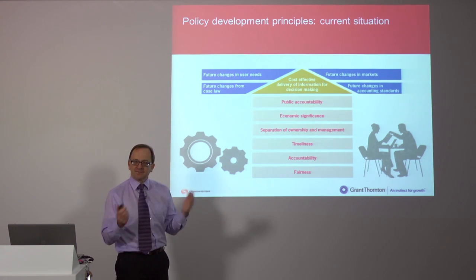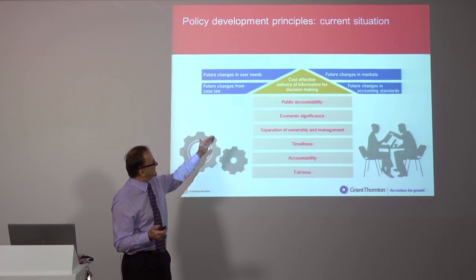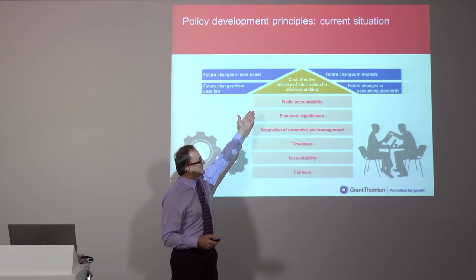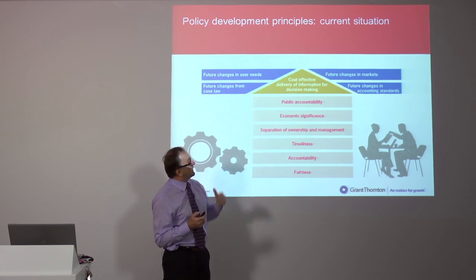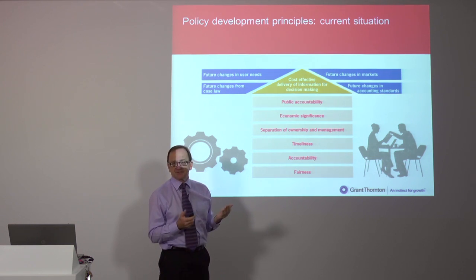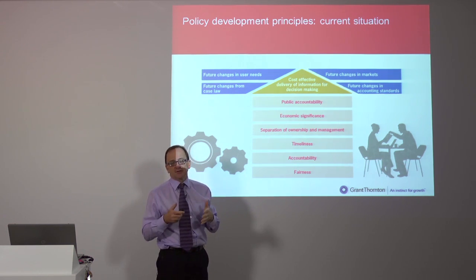So, to recap, 6 building blocks, but ultimately we're talking about, has there been cost-effective delivery of information that is useful for decision making to the reporting entity? And I suppose that's a mantra that I've always worked with ever since I got into learning about accounting and its importance.